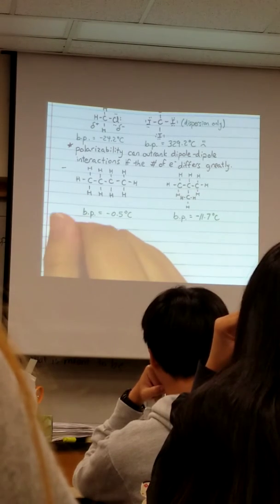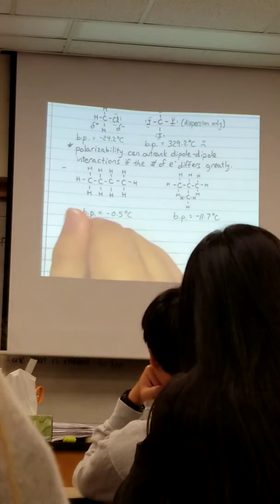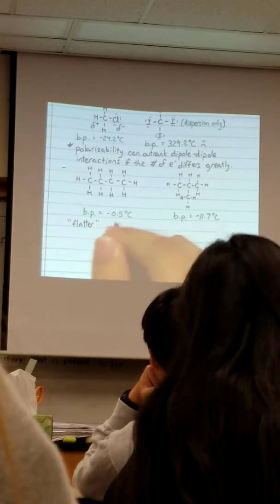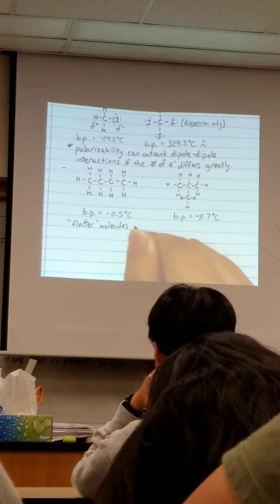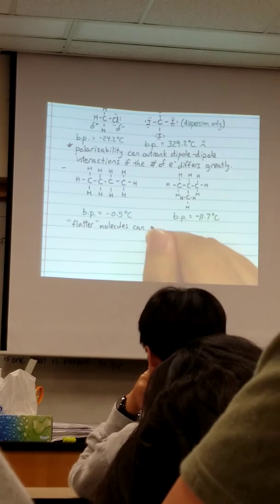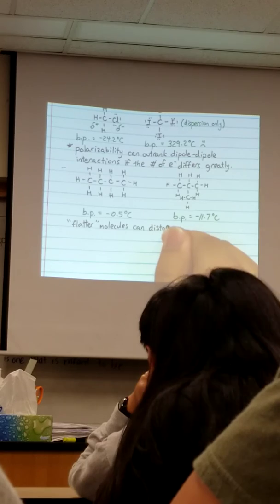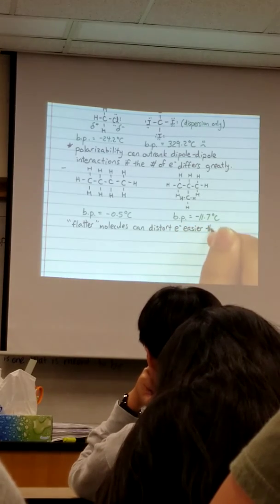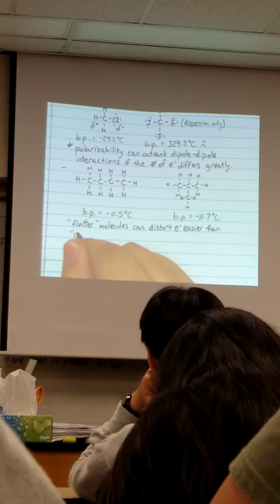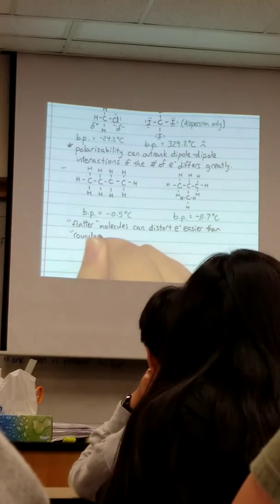So what ends up happening is that for some reason, these flatter, quote unquote, molecules actually can distort electrons a lot easier than the rounder molecules.